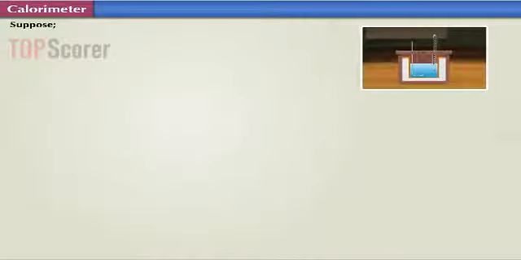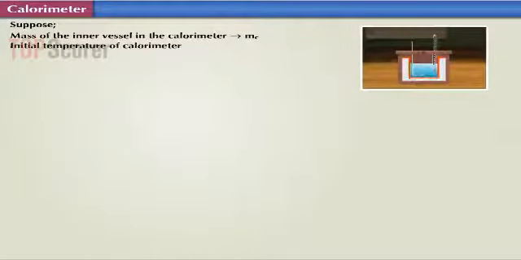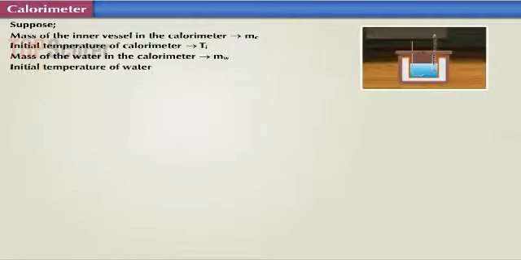Suppose the mass of the inner vessel in the calorimeter is mc and its initial temperature is Ti, and the mass of the water in the calorimeter is mw. As we have supposed the initial temperature of calorimeter is Ti, the temperature of water will also be Ti.